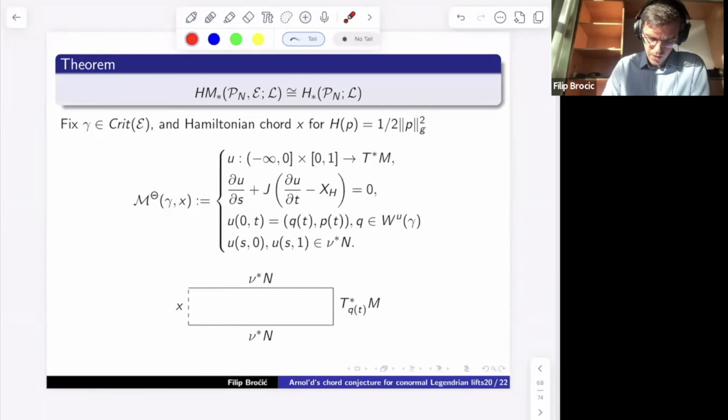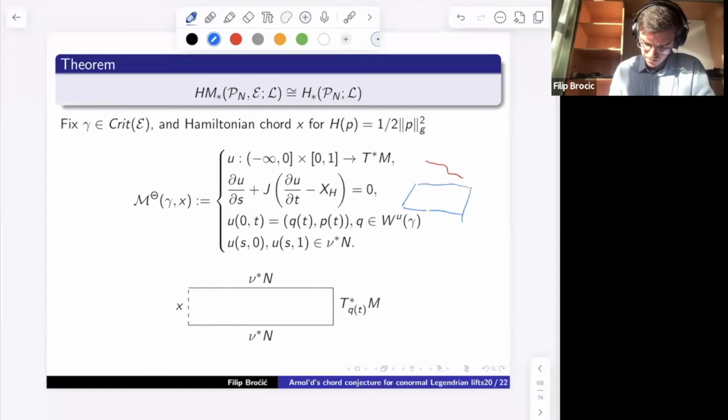And on the zeroth part of our map u, we require that the q coordinate of our map belongs to the unstable manifold of a critical point of the energy functional. So let me maybe draw another picture. So this is the zero section, and here we have some geodesic.